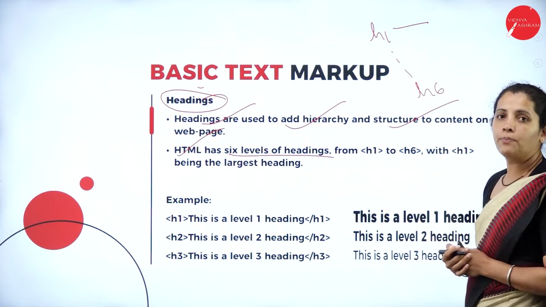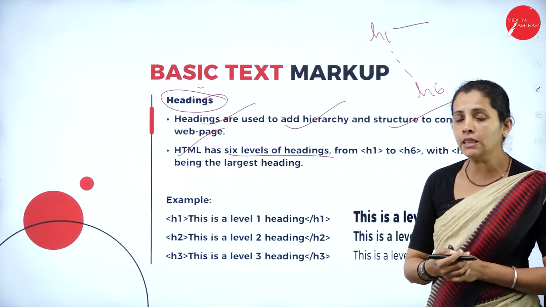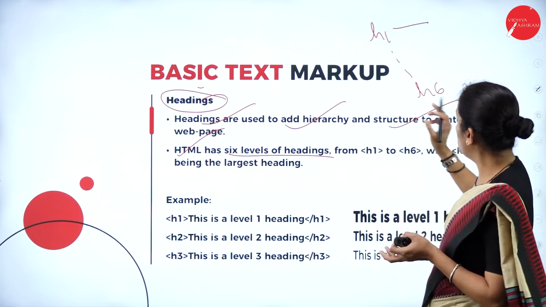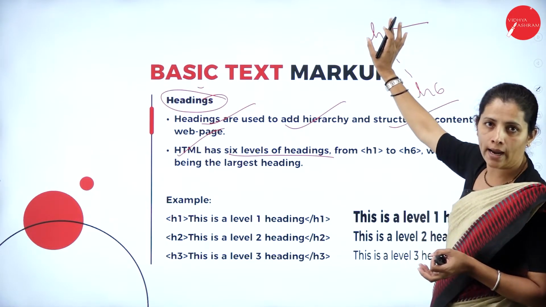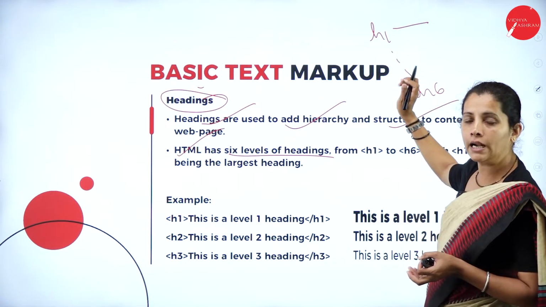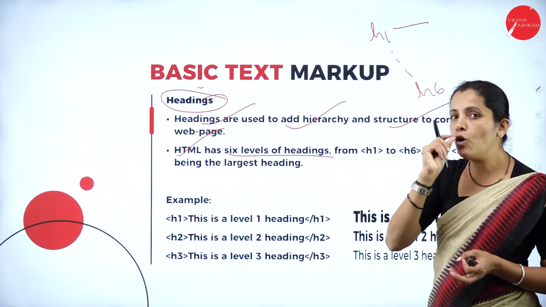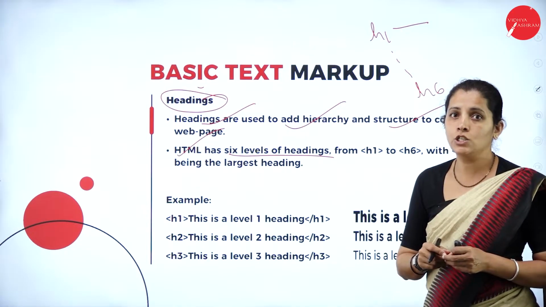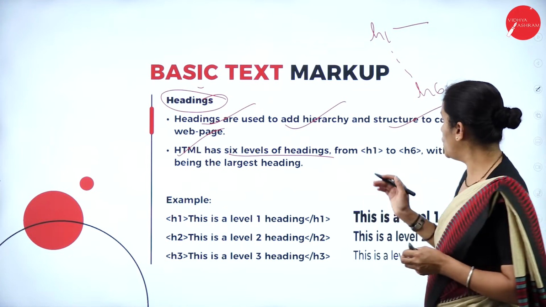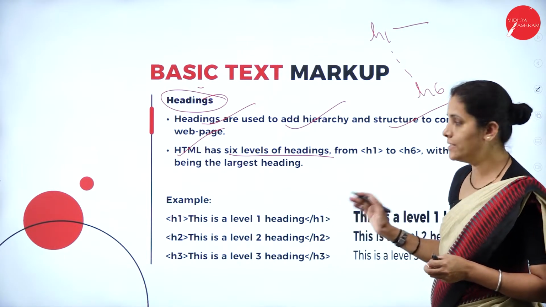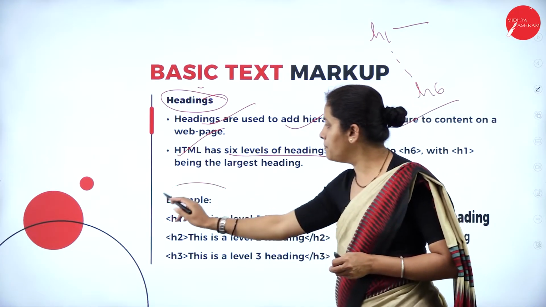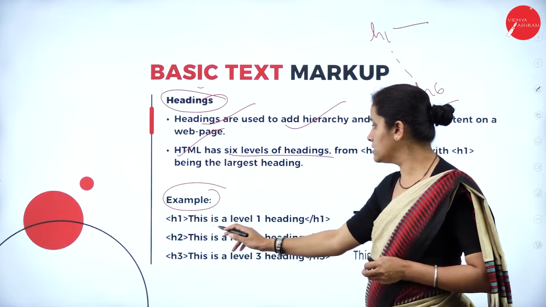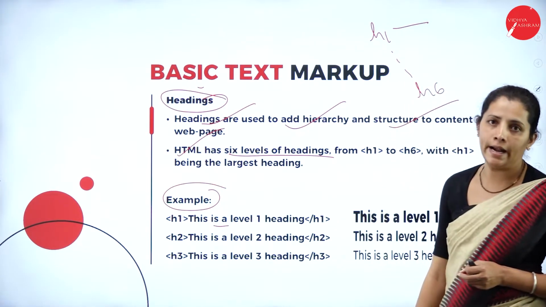Suppose if I want to display the content in the larger size, then I'll go with the H1. If I want to display the content in some small size, for example, the size is 12, then I'll go with the H6. See, this is the simple example I have. That is H1, this is a level 1 heading.